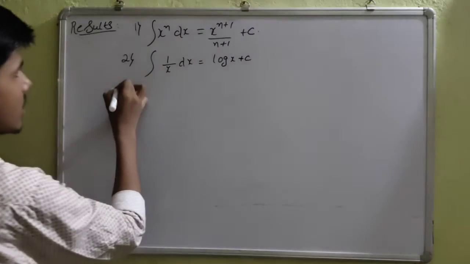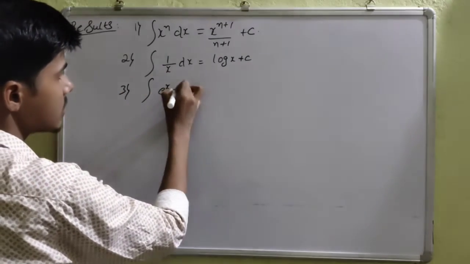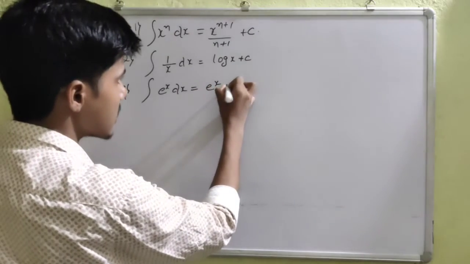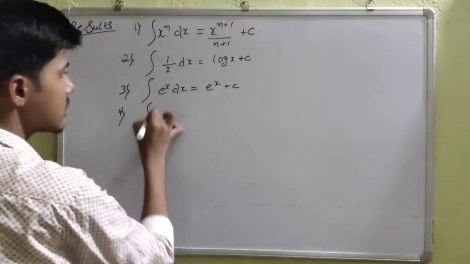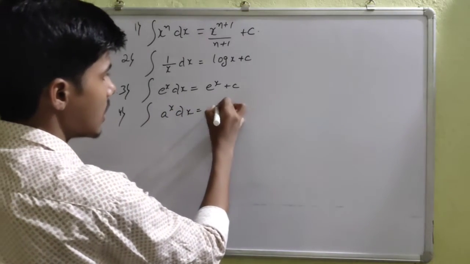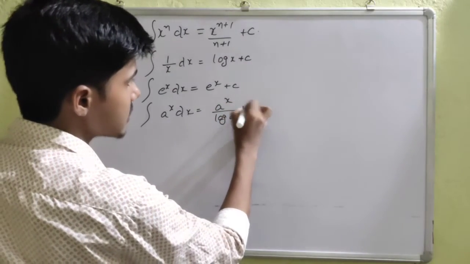The third result is integration of e to the power x dx is equal to e to the power x plus c. The fourth one is integration of a to the power x dx is equal to a to the power x upon log a plus c.